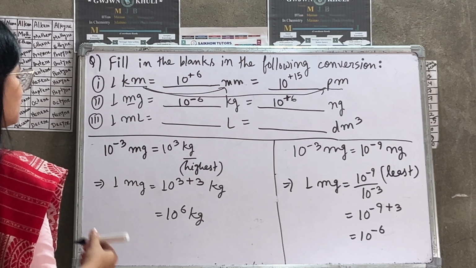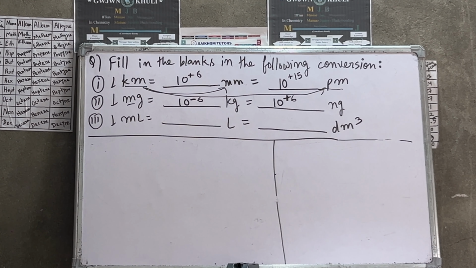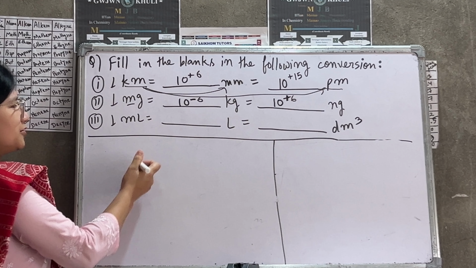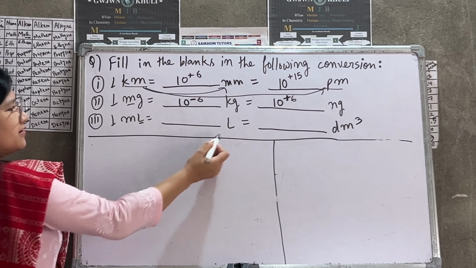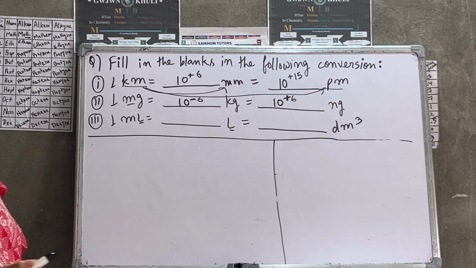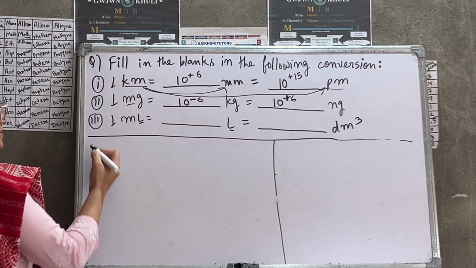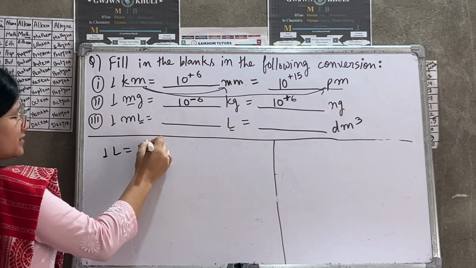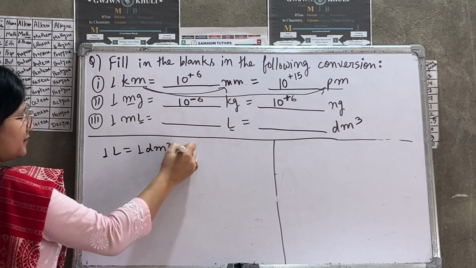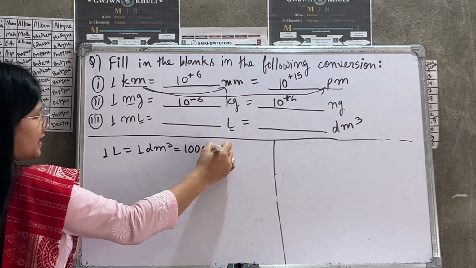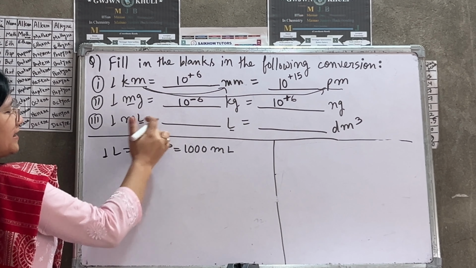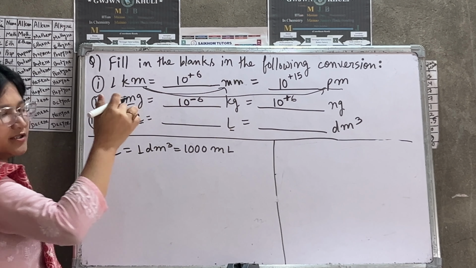Yeah. Question number 3 is the unit of volume. So what is the volume unit? This one is the liter, this one is also liter, and this one is decimeter cube. So what is the relation we got before? 1 liter equals 1 decimeter cube and 1000 ml. So here millimeter to liter conversion means what?